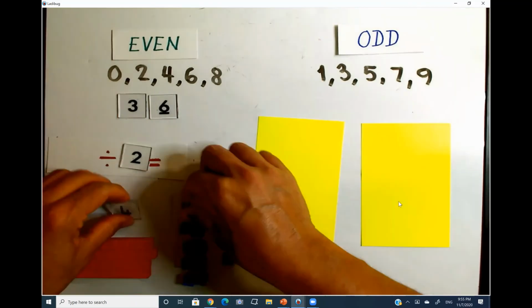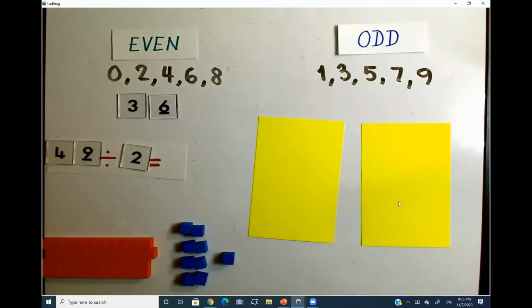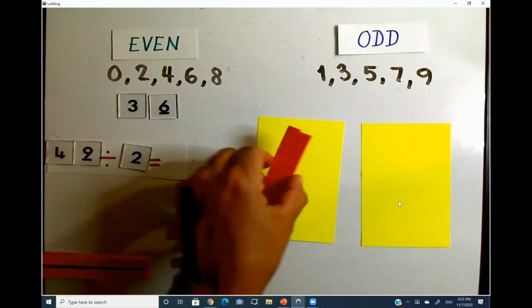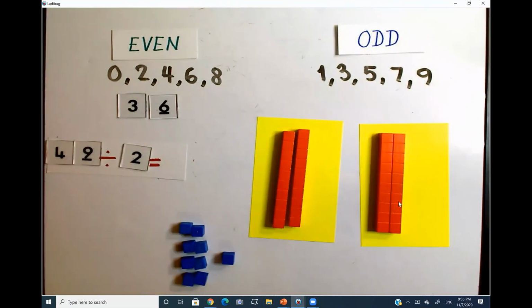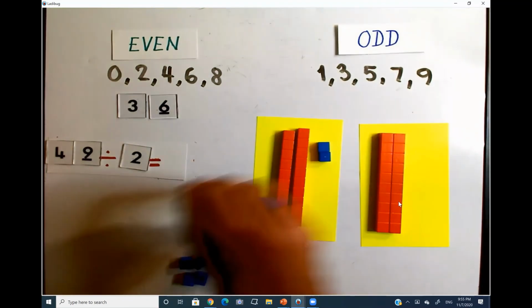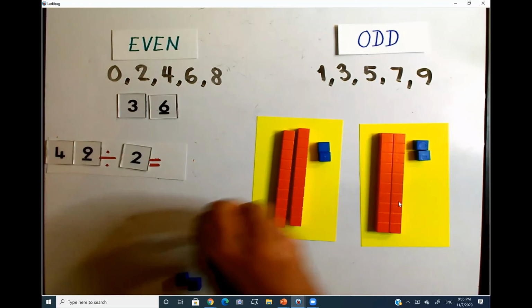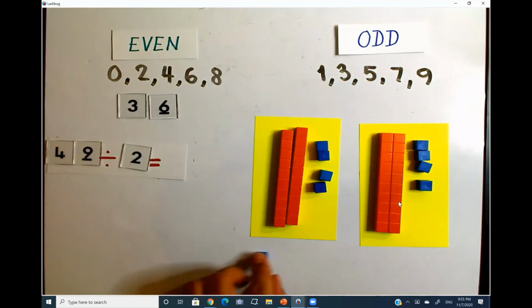Let's prove it doing the division. Now, I will see that if I divide it into two equal groups, I can have 2 tens here, 2 tens here. Let me put 2 ones, 2 ones. That's 4 ones, 4 ones, and oops, I have only one left.